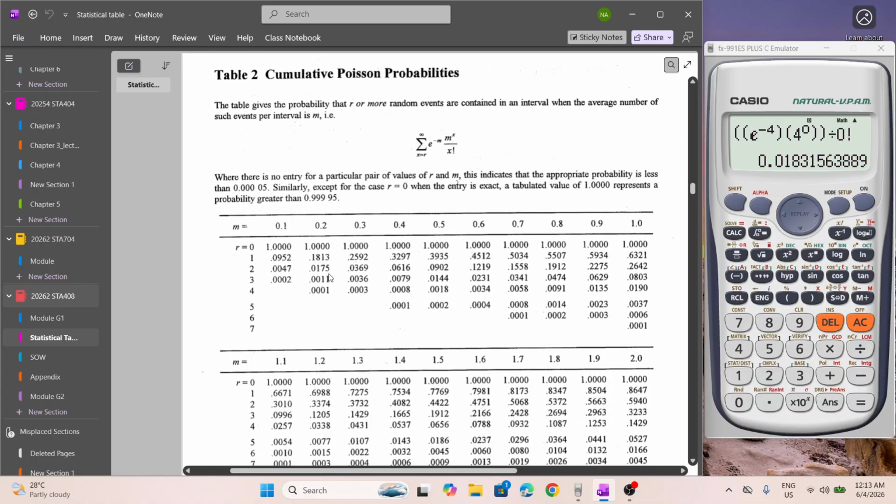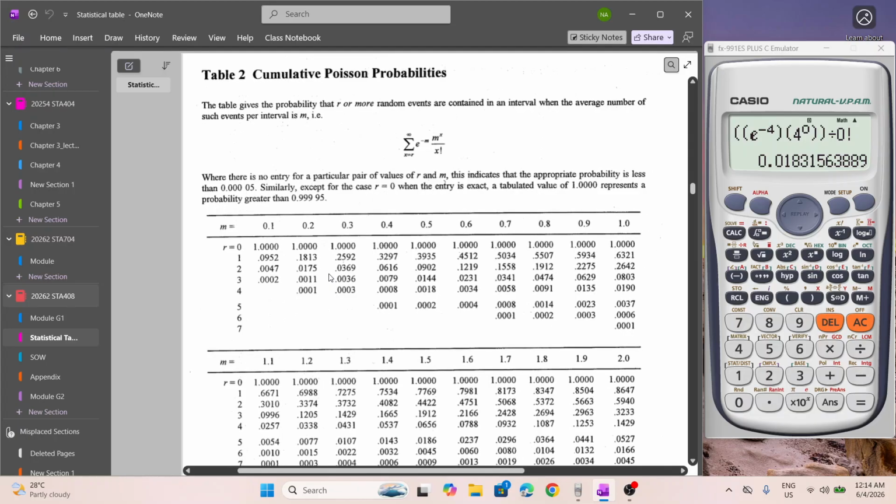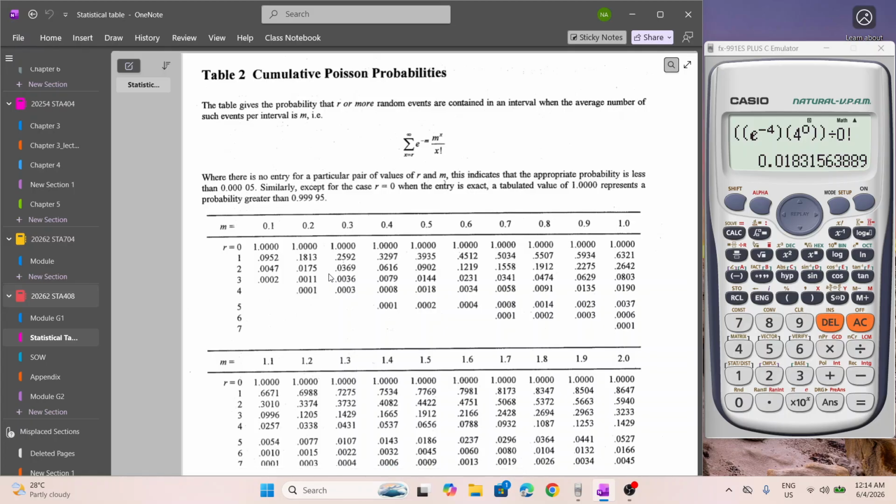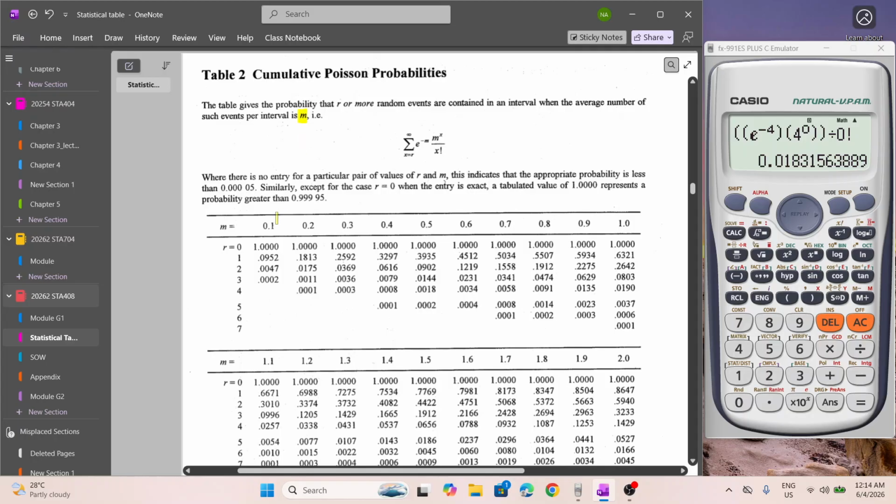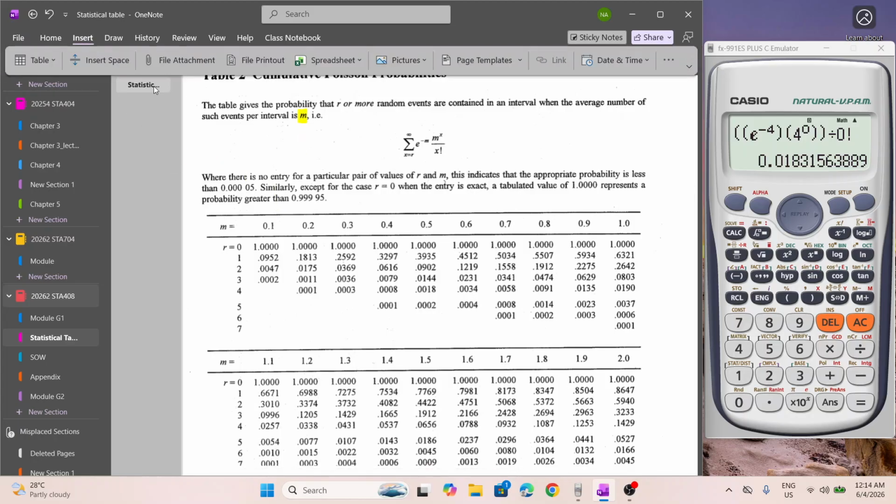This is the cumulative Poisson distribution, and you have to find first the m. In our case, m here is actually the lambda value. Please remember that in the statistical table, m is used instead of lambda.